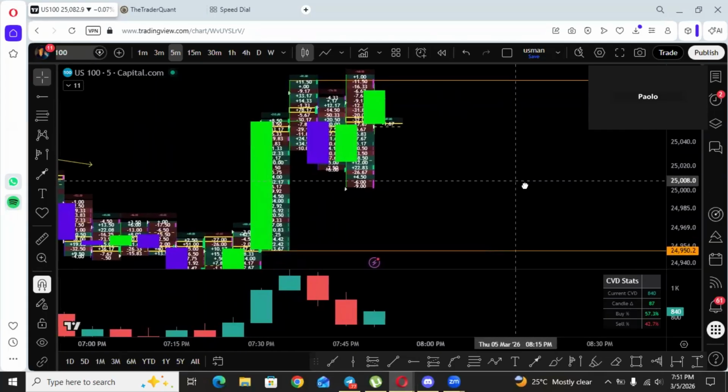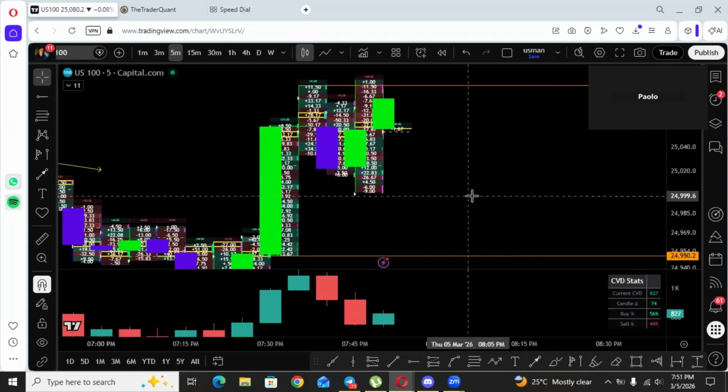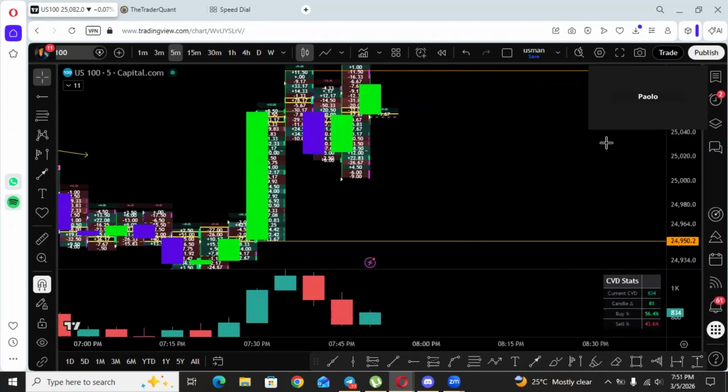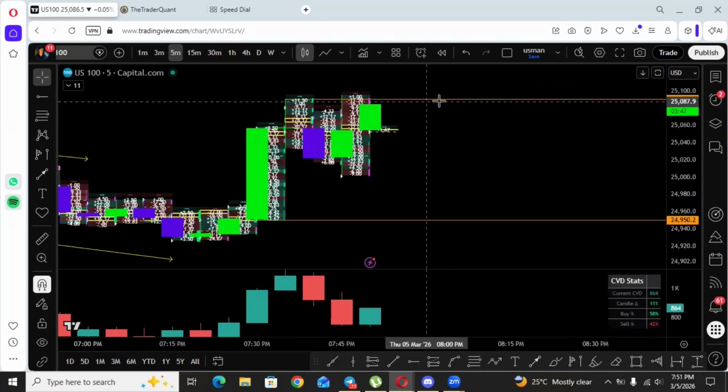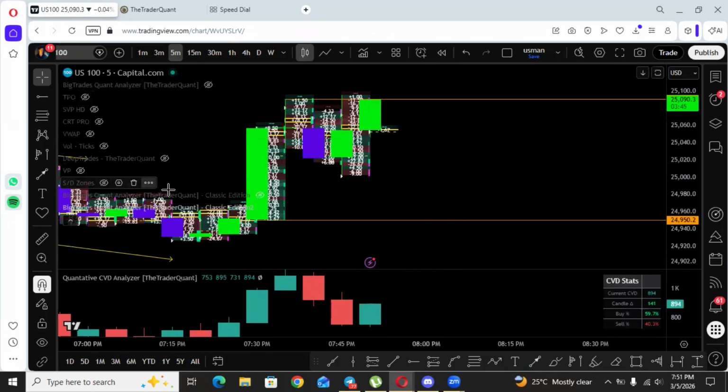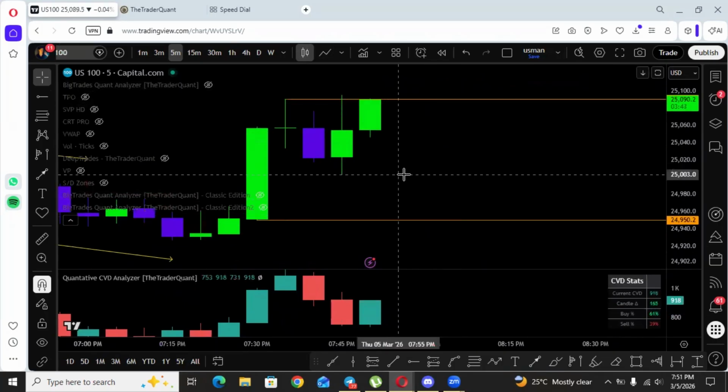So, index. Let me show you something. What is happening over here? This is the range that I have marked here. This low and this high is the first 15 minutes of the cash session. What is the cash session?